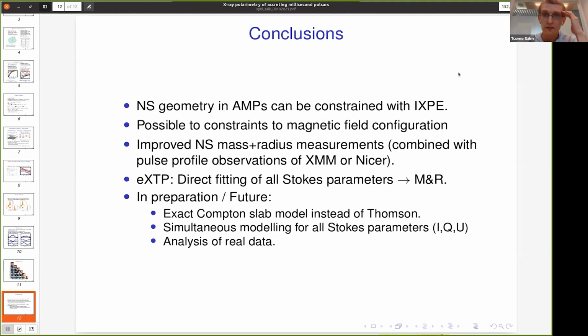So we can use eXTP to have a good resolution in energy, in time, in polarization, and simultaneously fit all the Stokes parameters. And presumably, very good results should also be possible for mass and radius. And for the future, our current work is on developing this more accurate emission model, and then analyzing the real data as soon as it is available.